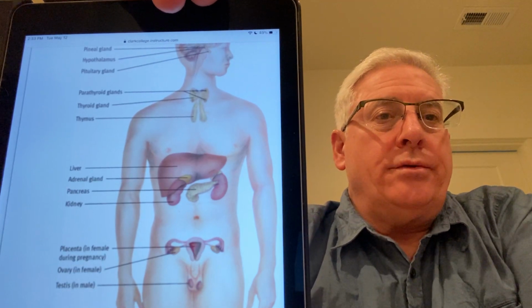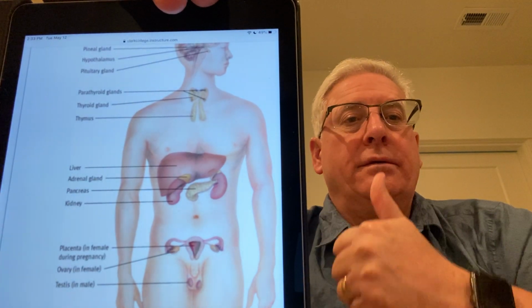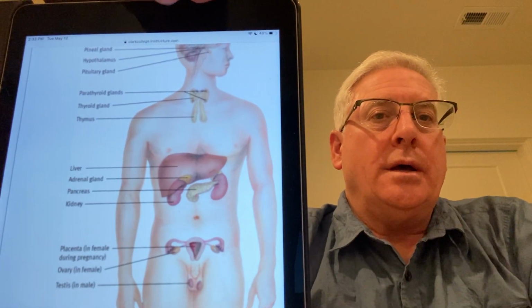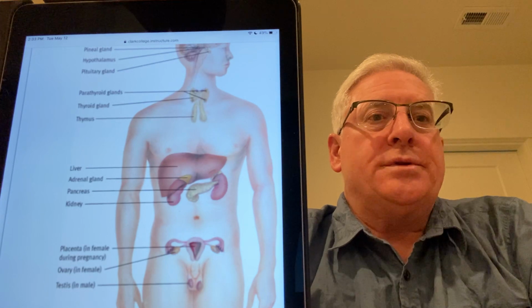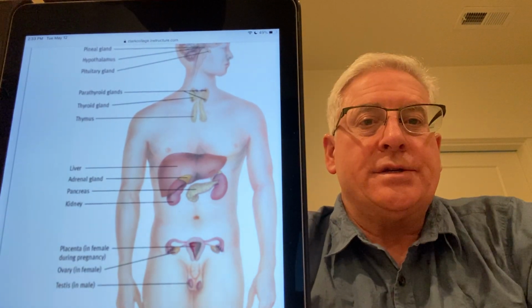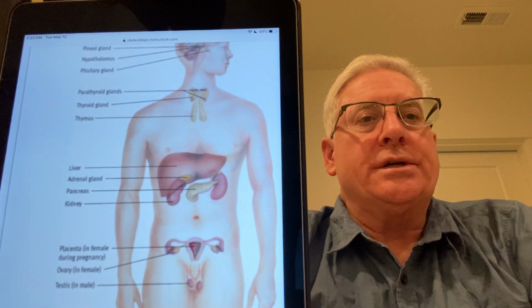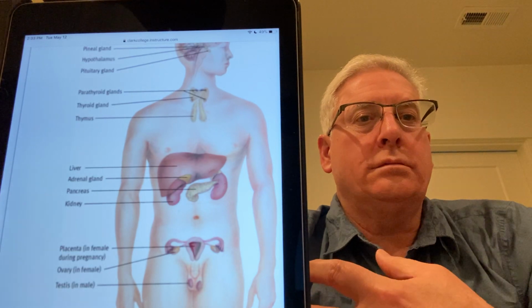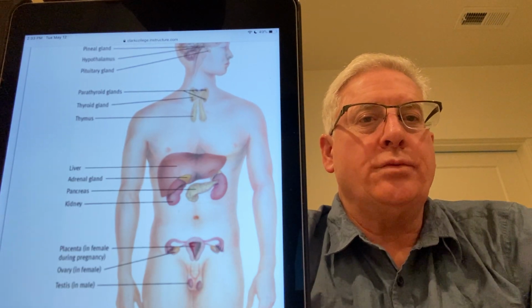What does testosterone do for a male? Well, all of the primary and secondary sex characteristics that occur when a male develops from non-reproductive to reproductive status. The primary characteristics are those that are specific to the genitals and therefore cause reproduction.